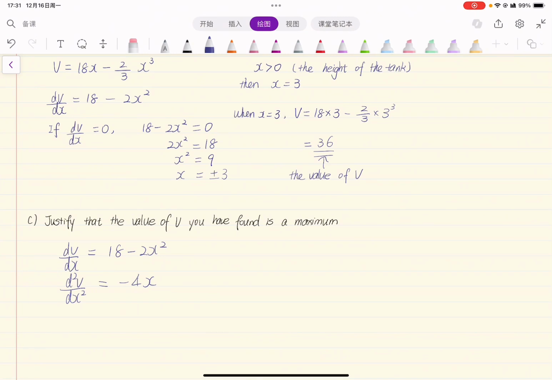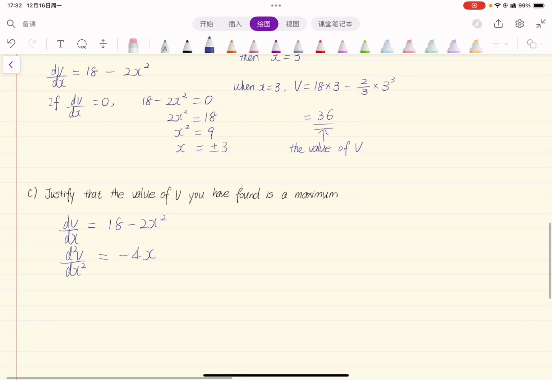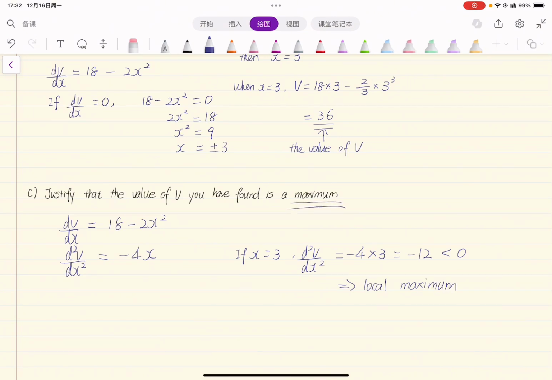Then we can substitute x equals 3 into the second derivative. If x equals 3, d2V over dx2 equals minus 4 times 3, which equals minus 12, that is less than 0, which means this is the local maximum. So the value of V you have found is a maximum.